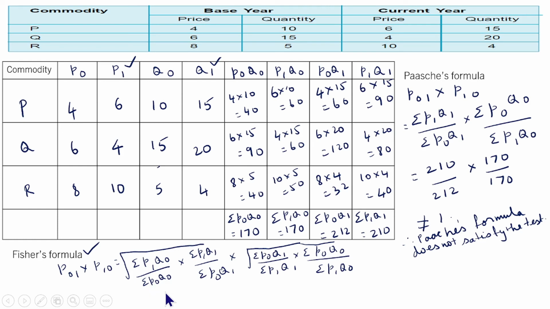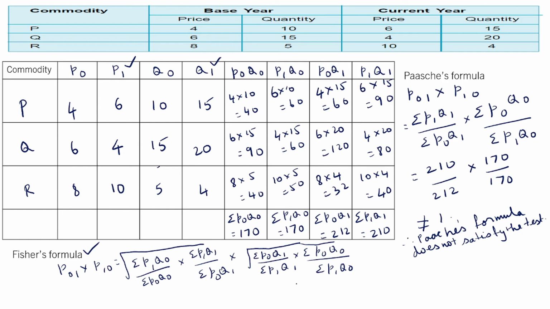So this is the Laspeyres index, this is Paasche's index for P01, and this is the Laspeyres index, and this is Paasche's index for P10. So here if we see P10, the Paasche's formula, summation P0 Q0 by summation P1 Q0. That is what is written here. Now let us substitute the values. We have all the values here.